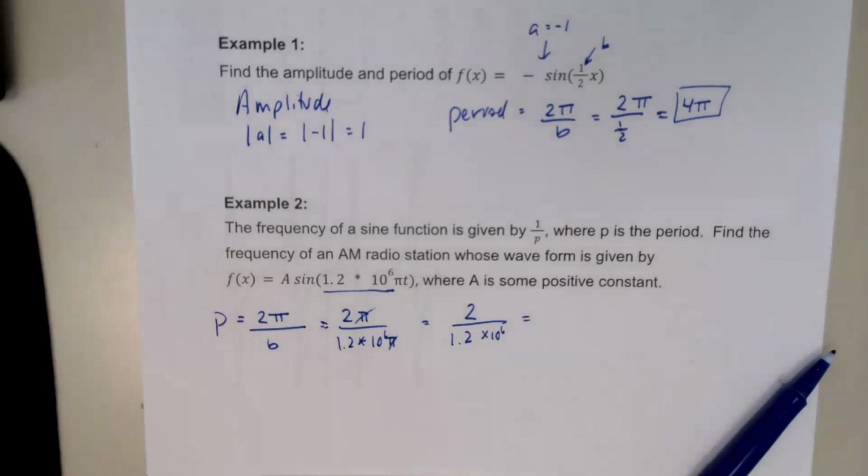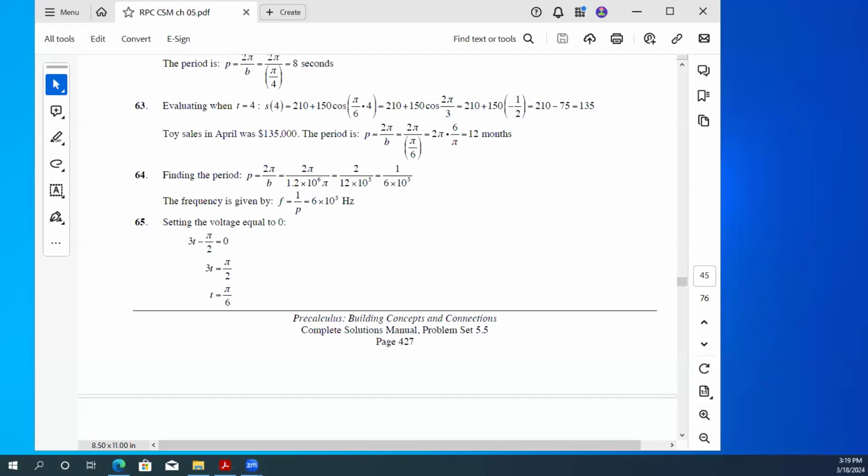And so I'm going to put this into Desmos. So 2 divided by 1.2 times 10 to the 6.